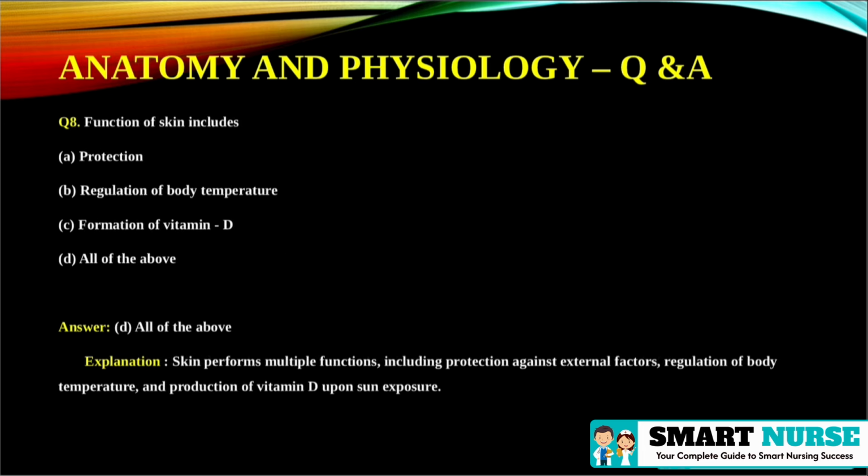The next question. Functions of skin include: option A protection, option B regulation of body temperature, option C formation of vitamin D, and option D all of the above. Our skin has many functions and a few of them are: skin provides mechanical protection for our underlying tissues.